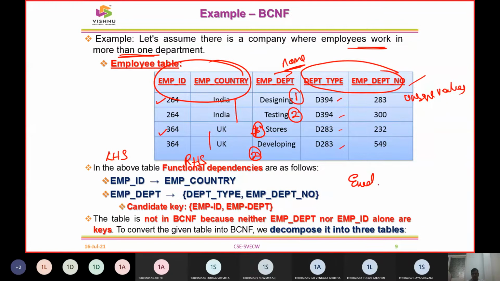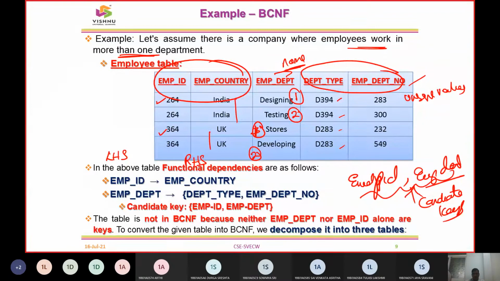One I am going to call the employee ID followed by the employee department here. So now these two items we are going to call the candidate keys. So candidate keys, now we are going to have employee ID and employee department ID.